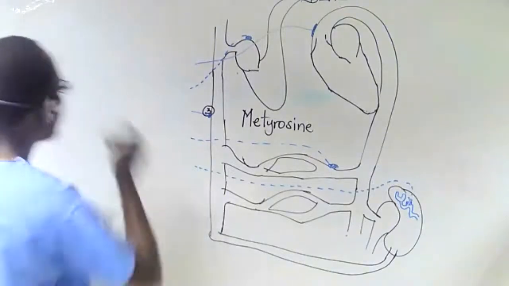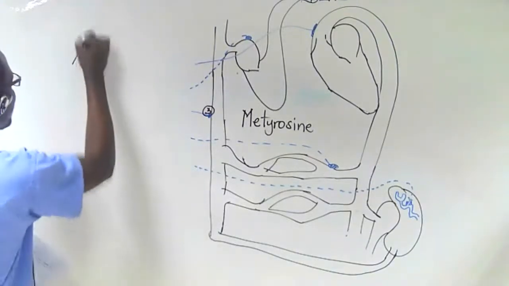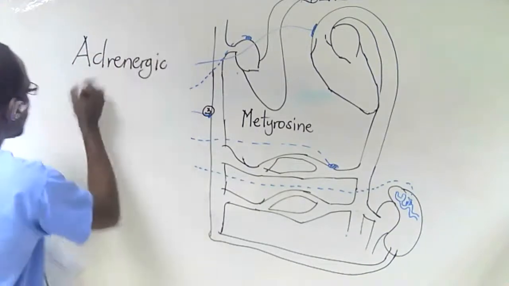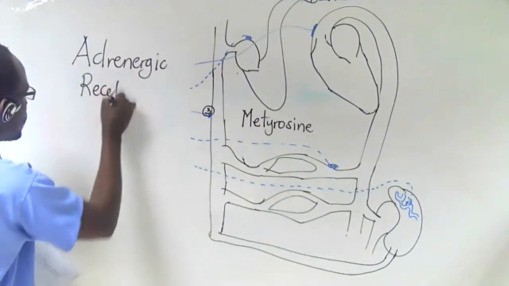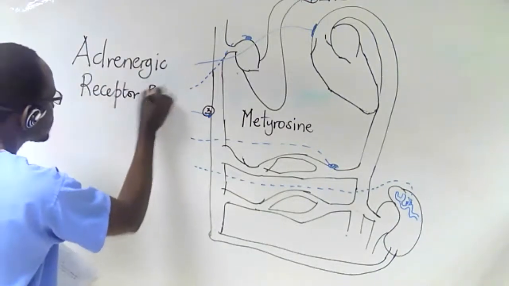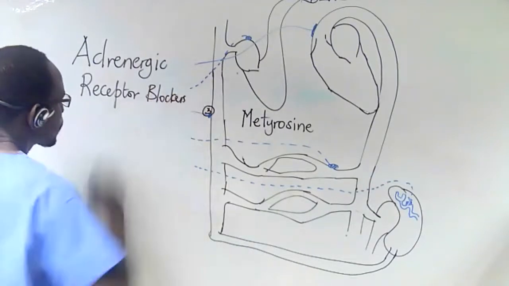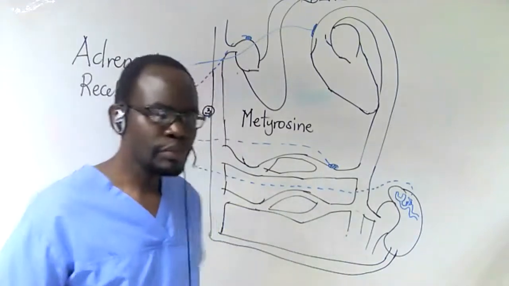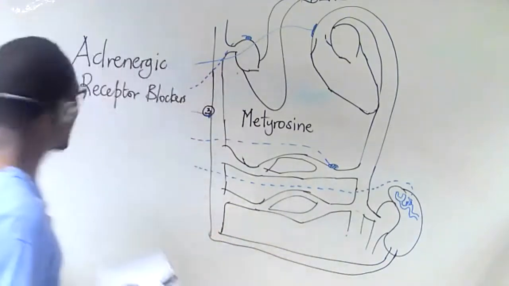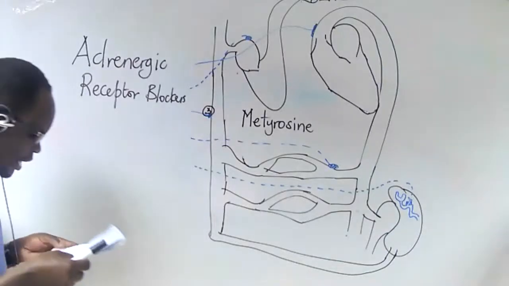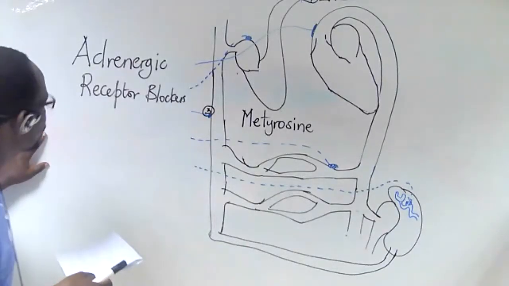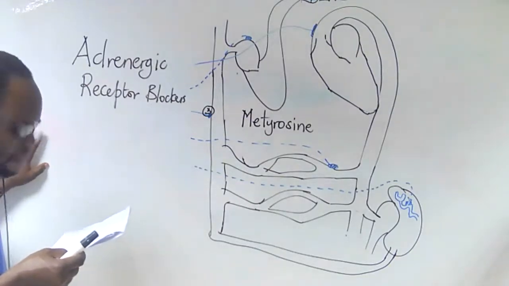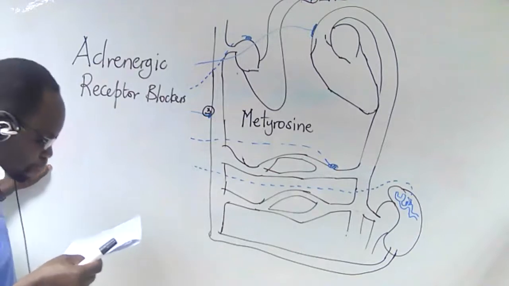So again, adrenergic receptor blockers. These are basically, as we said, the alpha and the beta blockers.